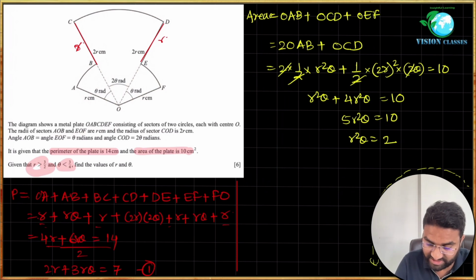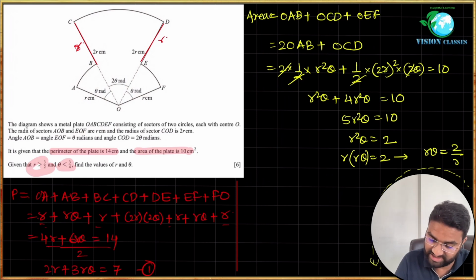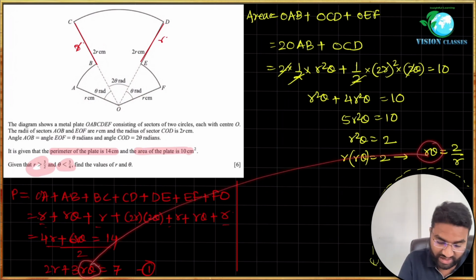And this r squared θ you can write as r times rθ is equal to 2, which we can write as rθ is equal to 2 by r. Why do we have to write it like this? We can substitute rθ in equation 1.